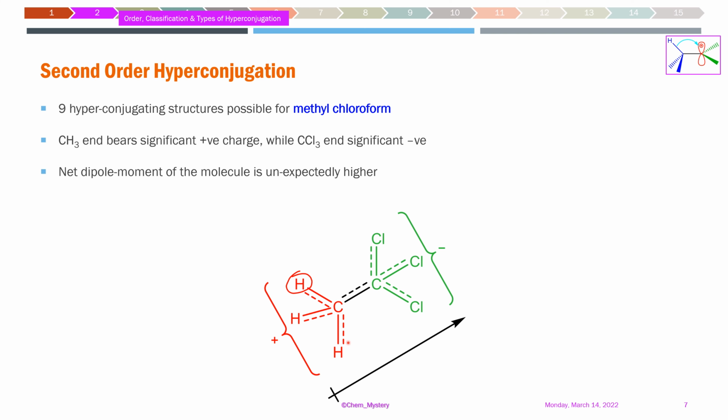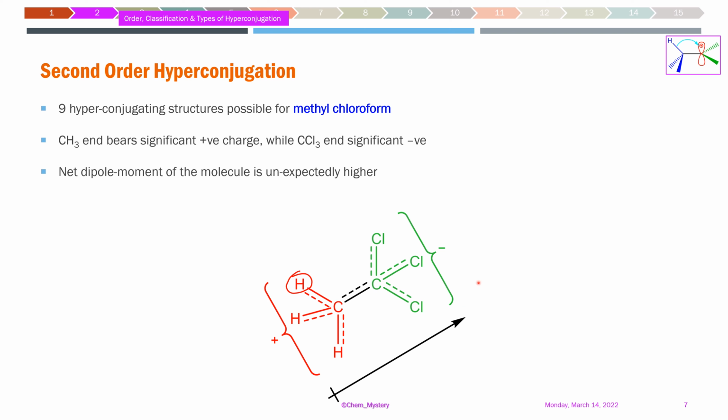There will be a net dipole moment along this direction, and this molecule has an unexpectedly higher value of the dipole moment than what we can expect from the vector addition of the carbon hydrogen bond and carbon chlorine bond dipoles.